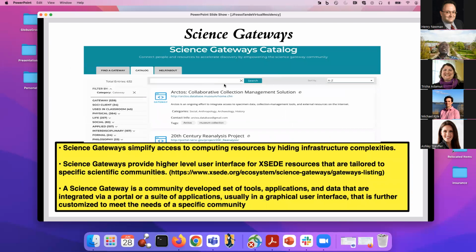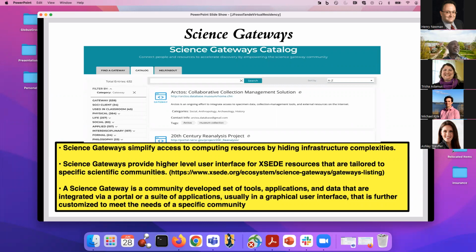Next, the science gateway. So we've become used to it: if we have big systems, we need to have ways to access these big systems, and the way to do that is a science gateway. The science gateway simplifies access to computing resources by hiding complexity. It provides a higher-level user interface, especially.